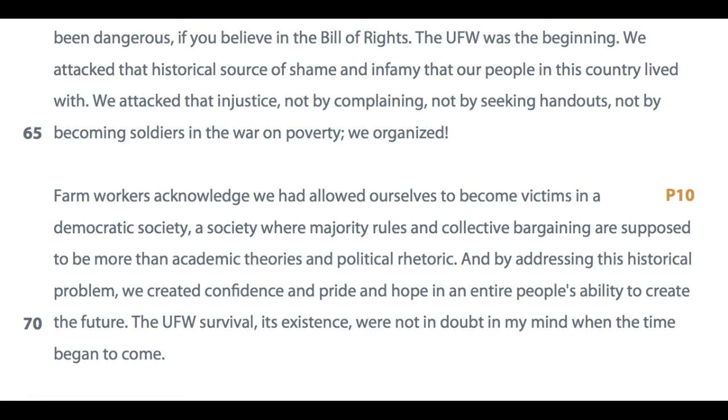And so Chavez enables the listener to see that unions did have an effect on Chicano society, since they helped to give them more pride and hope in their future. It helped them to organize and fight back for what they really wanted. This can all be supported throughout the text by the evidence in lines 65 to 70.